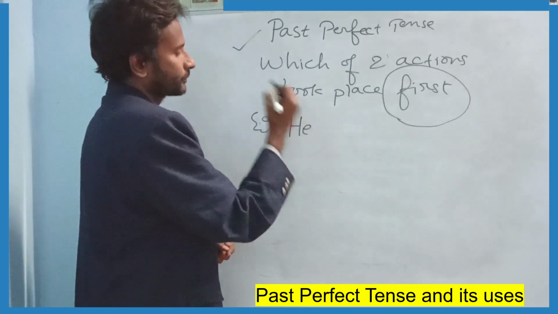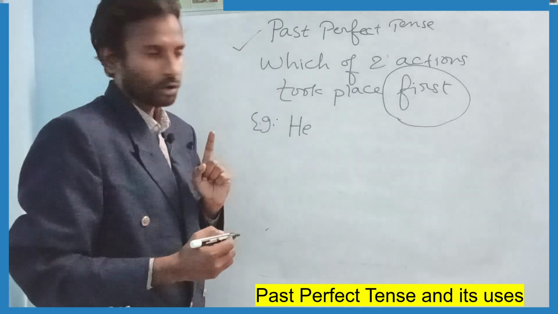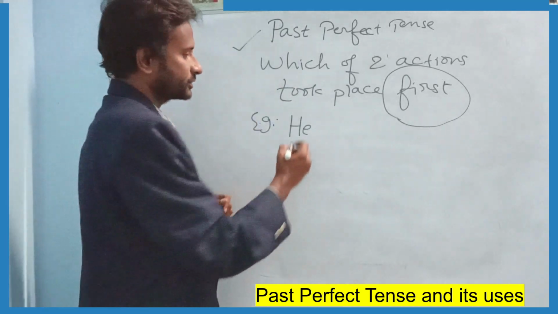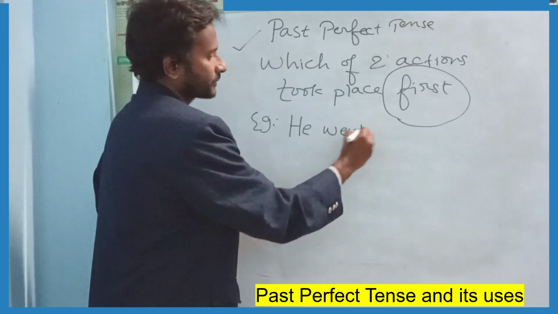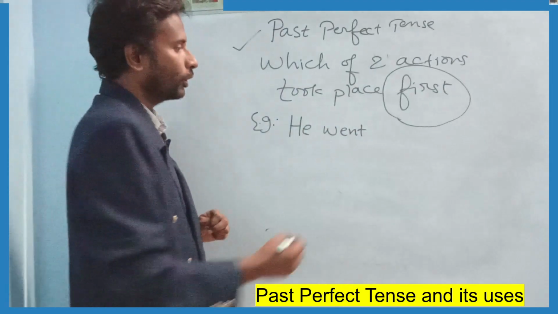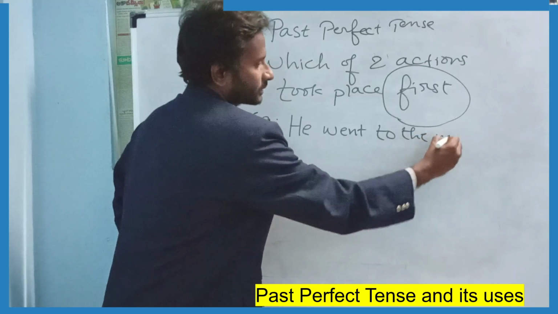So we need to give two actions. He went, where? Where did he go?